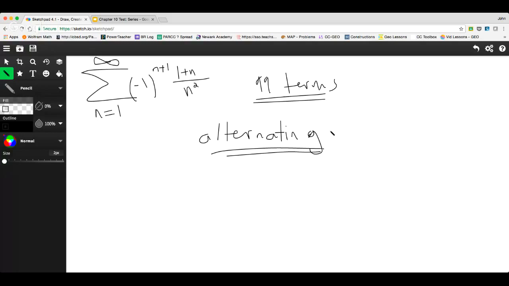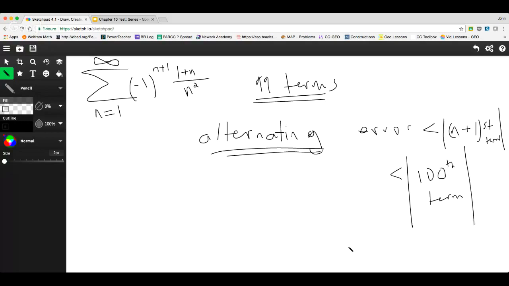So the alternating series test says the error is less than the n plus 1th term. Okay, so in other words, we know that the error is less than the 100th term. When you've used 99 terms, the error has to be less than the 100th term. So we simply have to do less than (-1) to the 101 times 1 plus 100, or 101, over 100 squared.